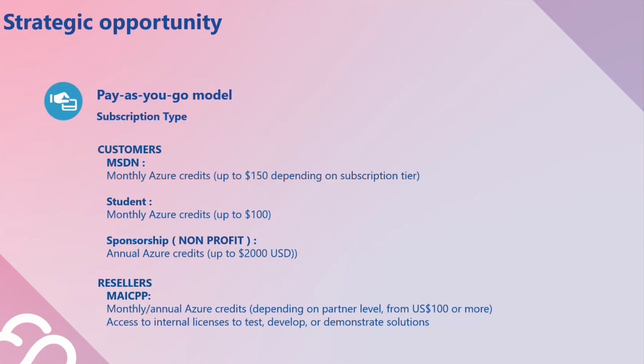And you still have access to internal licenses for test, development and demonstration. So keep in mind, if you are a member of this group, you can play with Azure with credit. It could be great for your tests, proofs of concept, development and other stuff. You can have money on the table.